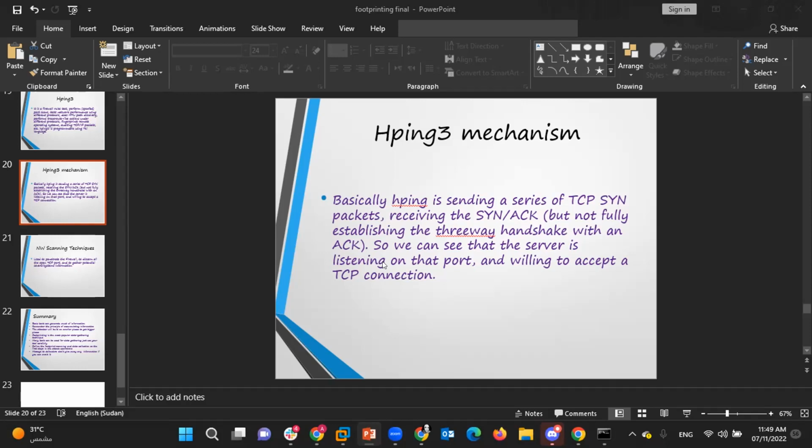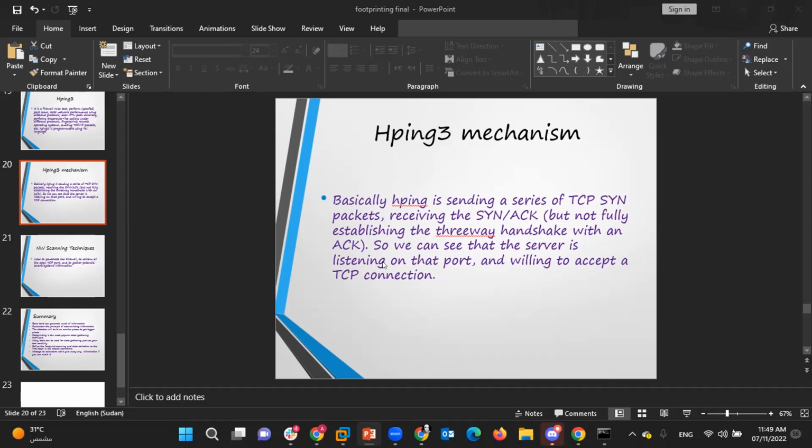When we scan, we send a TCP SYN packet to the target and we receive a SYN-ACK. But here, there is no handshake. It is not a full handshake.